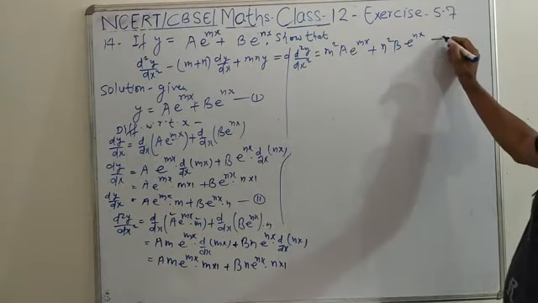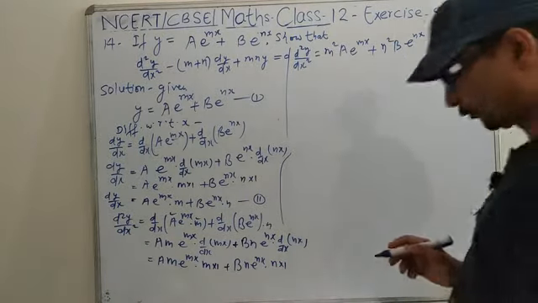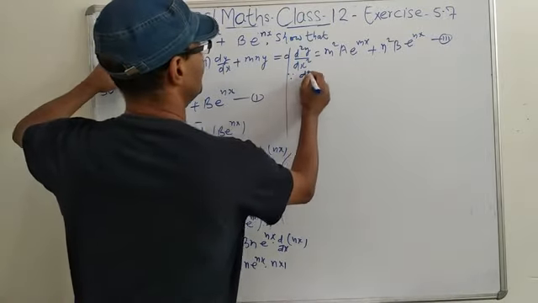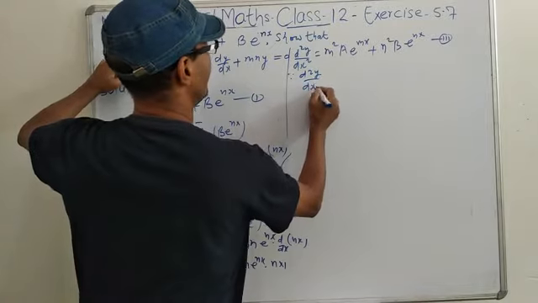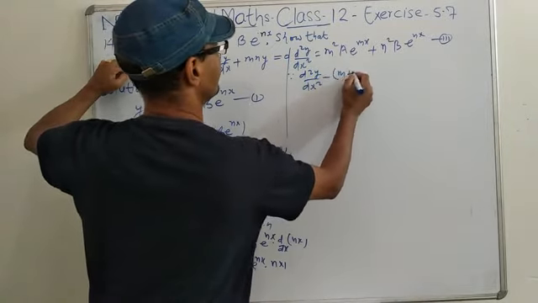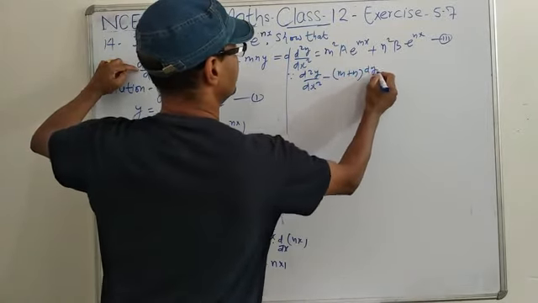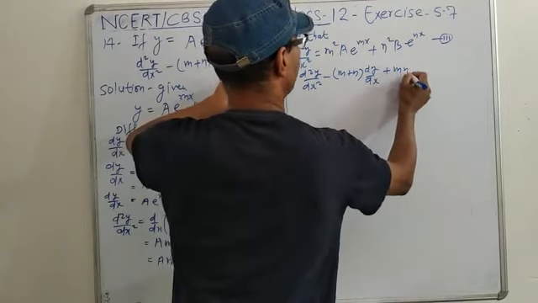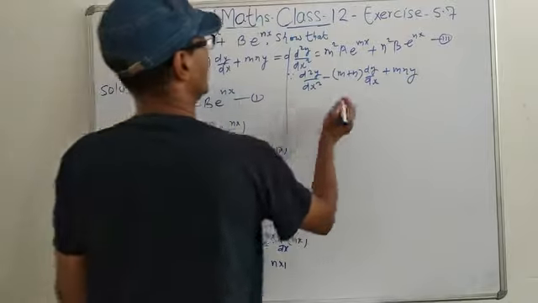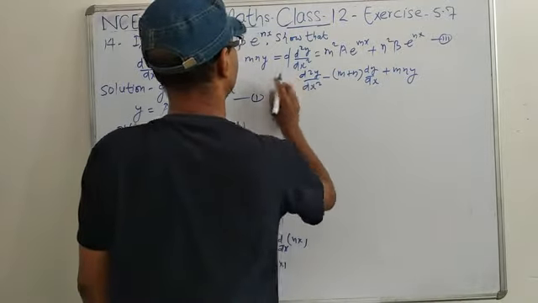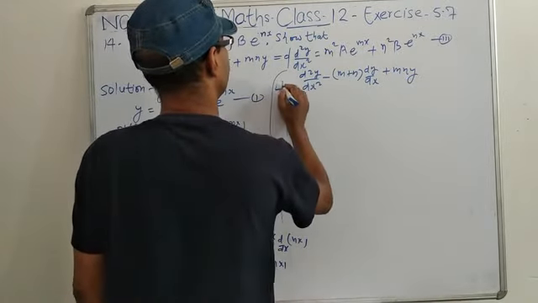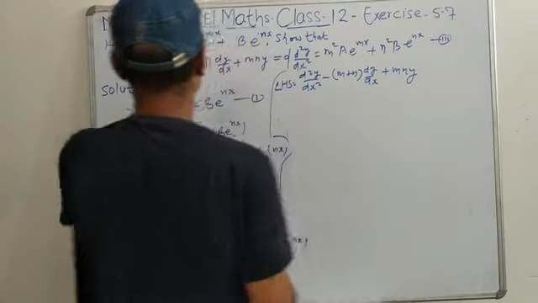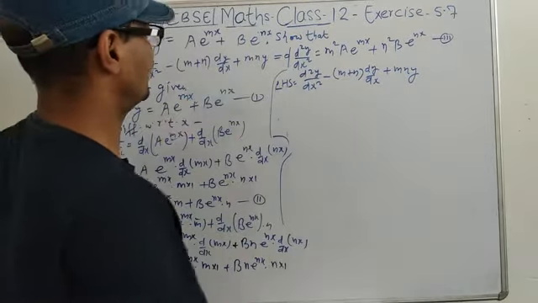So it is equation number 3, and we have to prove that d2y by dx square minus (m plus n) dy by dx plus mny is 0. We can call this the left hand side. LHS is this, and we should prove it is 0.